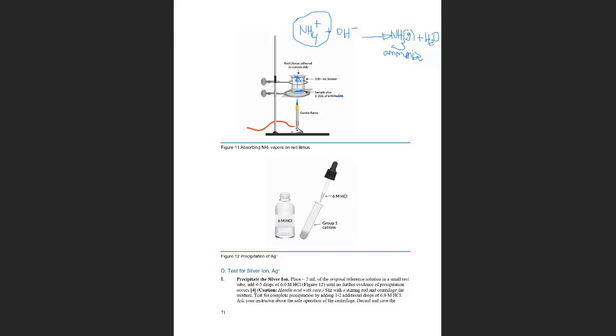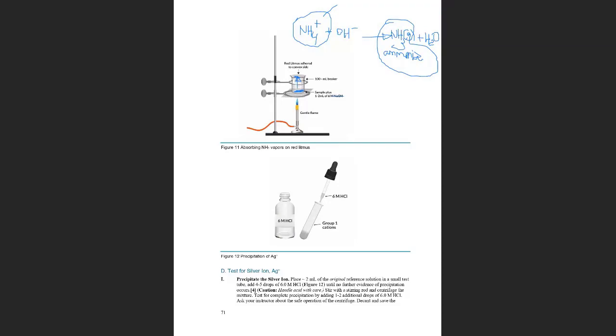But if you have a base, the red litmus paper turns blue. In this case, ammonium is a weak acid, but the ammonia will turn the moistened red litmus paper blue. So that will be the reaction that we are going to perform in order to decide if we have ammonium or not.